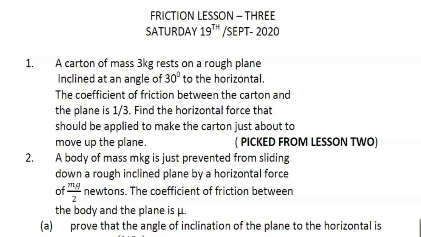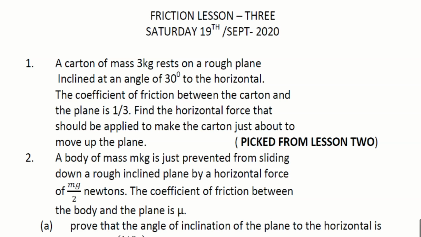we have a carton of mass 3 kilograms, resting on a rough plane inclined at 30 degrees. So we sketch a diagram. The carton has a mass of 3 kilograms.